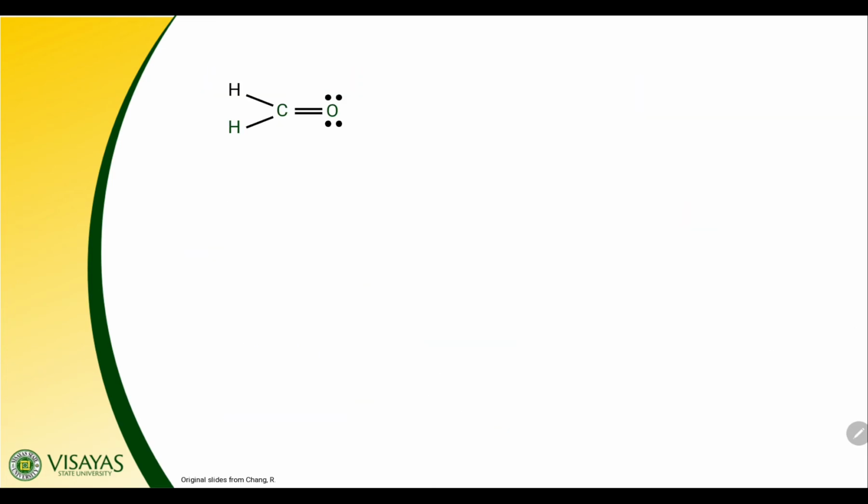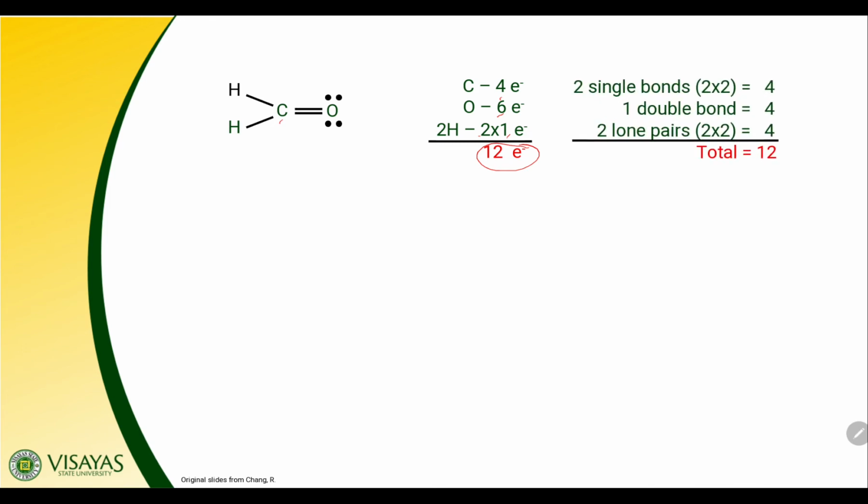For the second structure, again, we first count the valence electrons. Carbon has 4, oxygen has 6 valence electrons, and hydrogen has 1, and since we have 2 hydrogens, we have 2 times 1. The total valence electron count is 12. Now, we count the electrons in this structure to see if it's equal to 12.